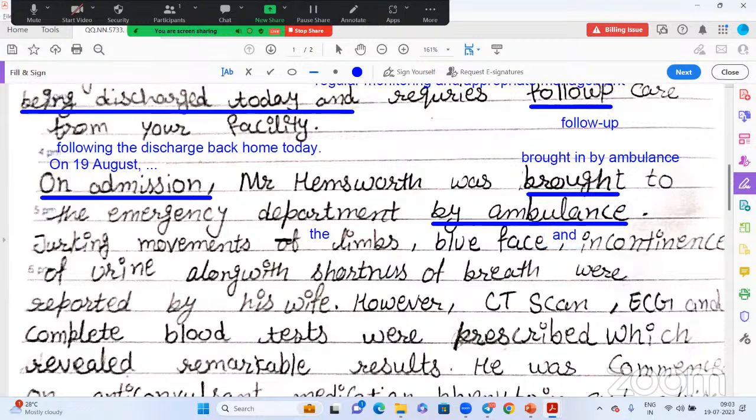Along with, you have to write separately, not together. Along with shortness of breath.